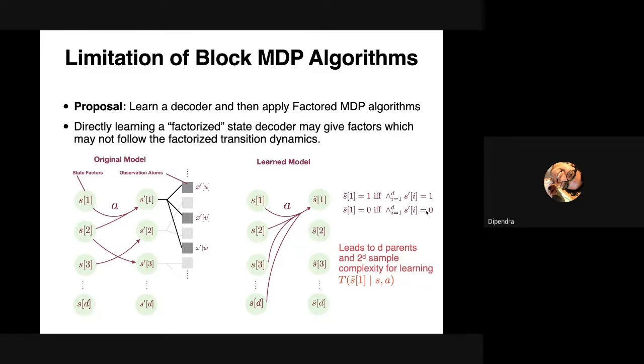In this case, S tilde 1, the recovered latent state, is dependent on d many factors at the previous level. This gives you d parents, and your transition function has now exploded from having 2 parents to d many parents, and you will end up with a 2 to the power d sample complexity if you work with this learned abstraction. So this is the challenge: we want to recover the factors which obey the sparsity of the transition dynamics.